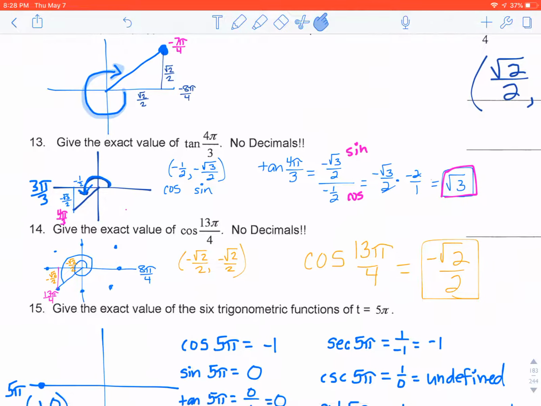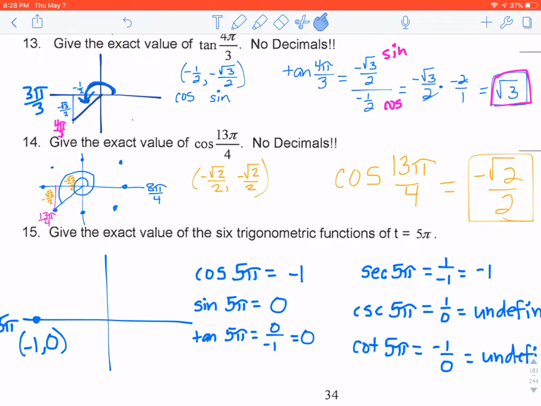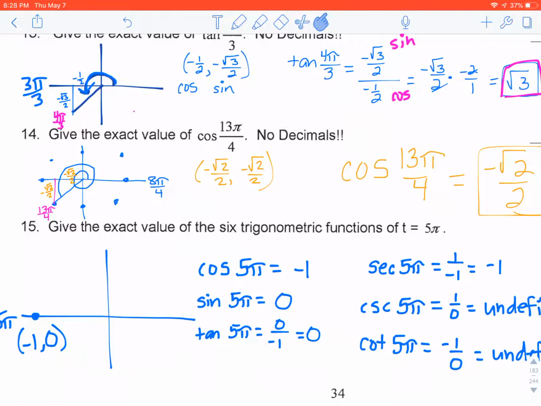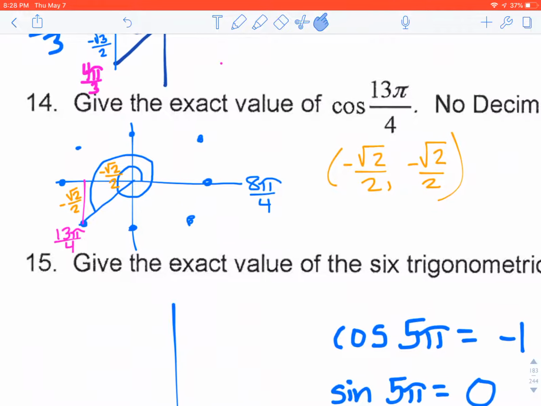Okay. Number 14, give the exact value of cosine of 13 pi over 4. So be careful when you are finding the location of this one. Okay, family of 4. So you're first going around. Okay, you get to 8 pi over 4 and then count 9, 10, 11, 12, 13. So right down here is your 13 pi over 4.